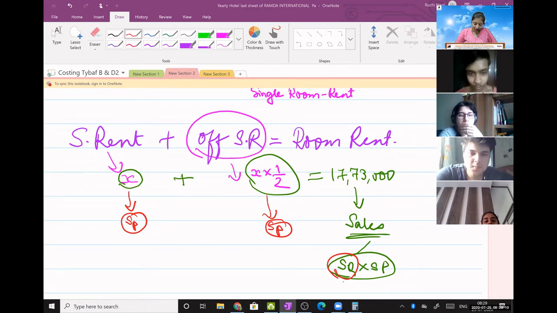Sayantan, बच्चा वो रेट है. 164.17 is the single room rent per day. That is the revenue element per day. I am asking how much is SQ, selling quantity. I'm asking quantity. You have to quantify.